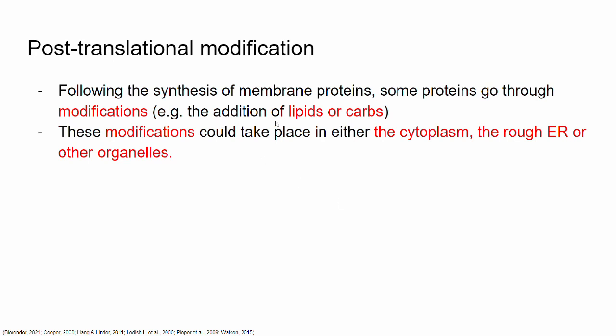So, for example, lipids or carbs could be added to ensure that these proteins stick to the cell membrane firmly. These modifications could take place in the cytoplasm, in the rough endoplasmic reticulum, or other organelles. We're going to talk about these in a sec.